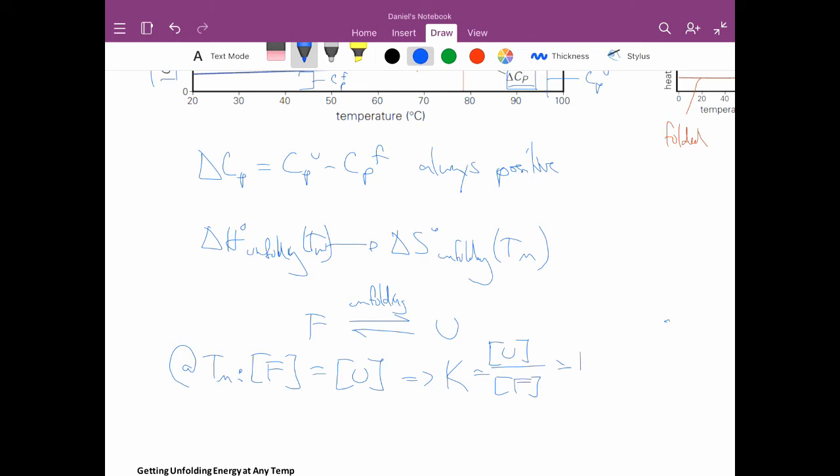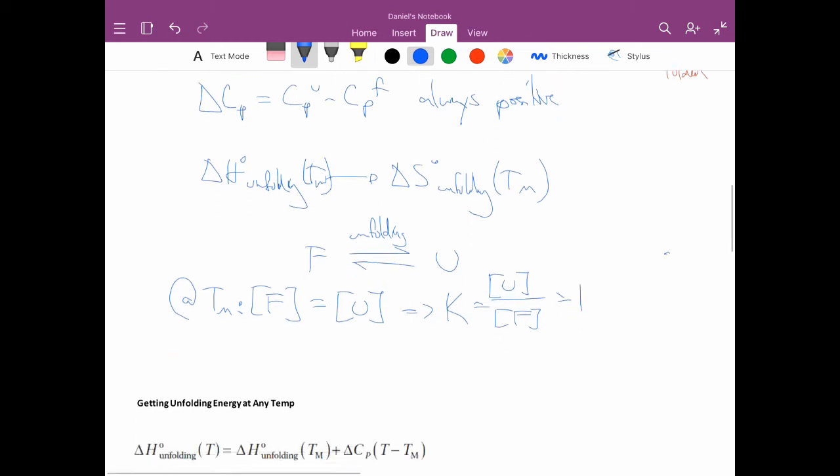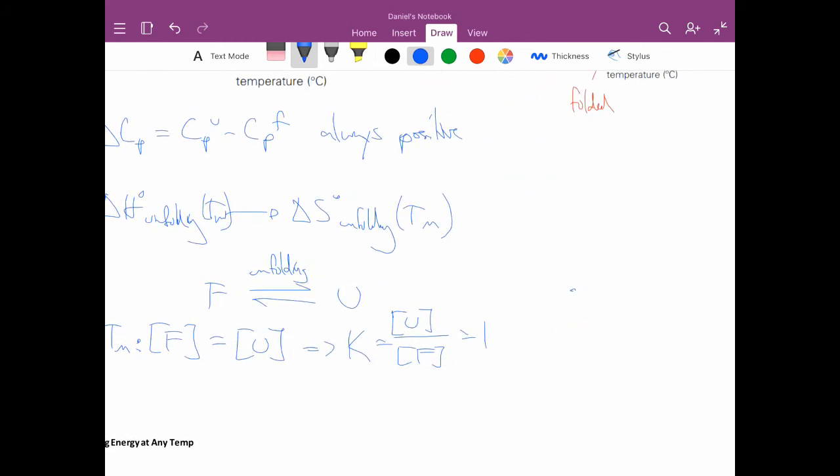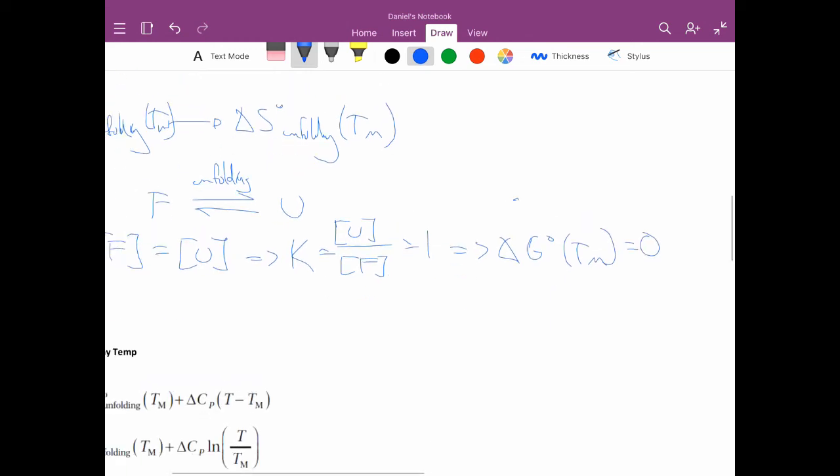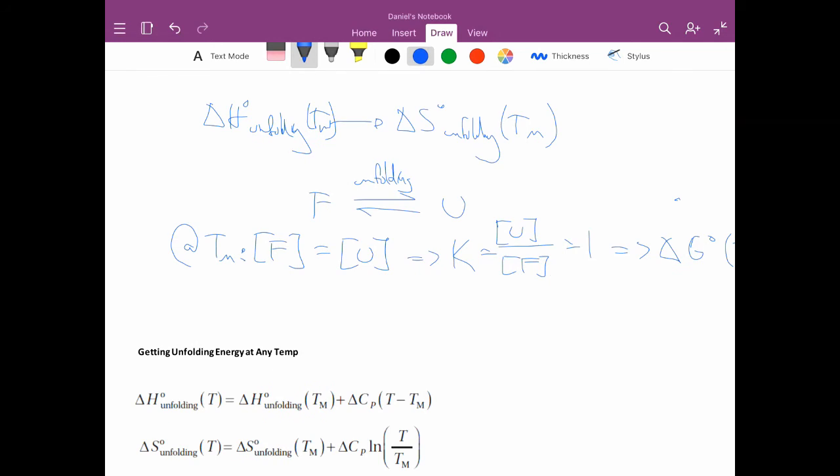And plugging that into the Gibbs free energy equation, we know that the Gibbs free energy at equilibrium here will be 0. So with that, we can get that as 0, the Gibbs free energy, equals the delta H unfold at the melting temperature minus the melting temperature, delta S unfold.